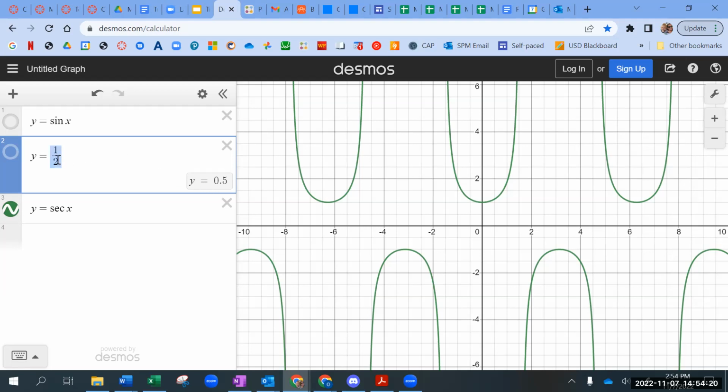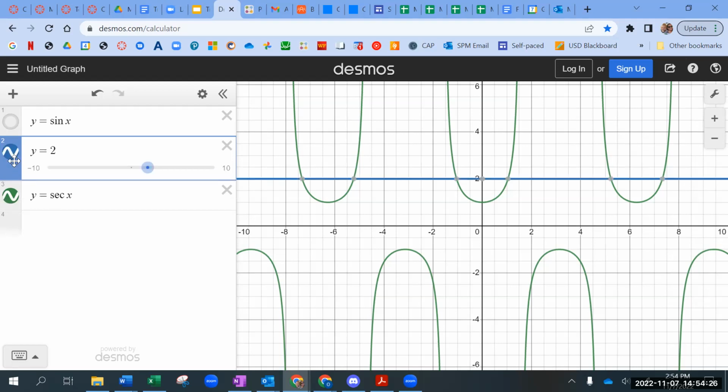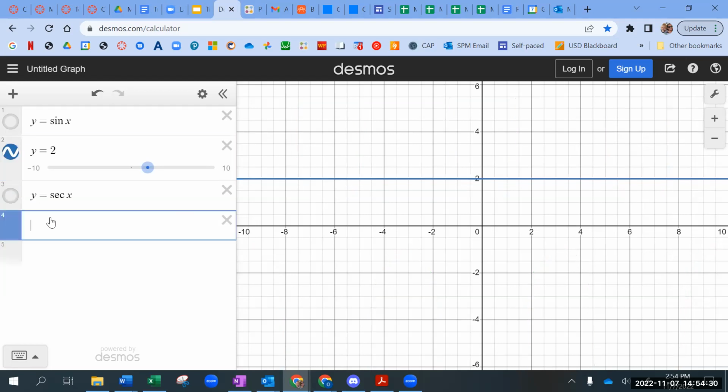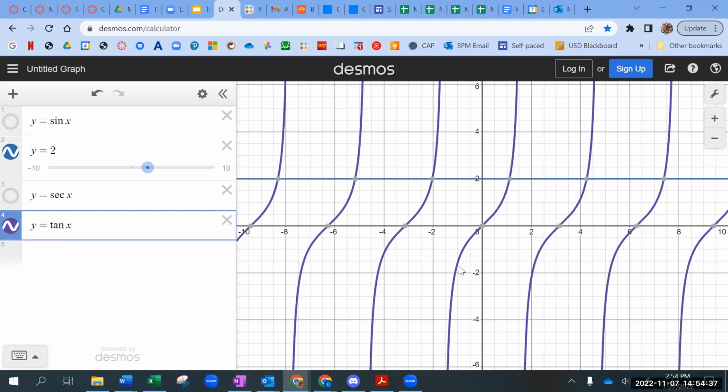But if we look at, say, y equals 2, we will see it fails the horizontal line test. And last but not least, we can also look at y equals tangent of x. Because it is a periodic function, even though it passes the vertical line test, it fails the horizontal line test.